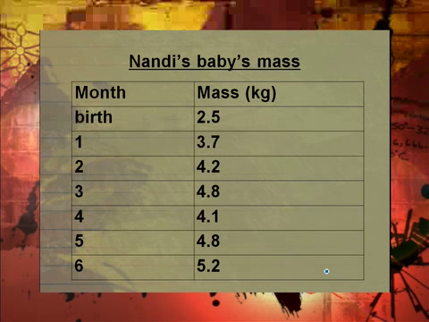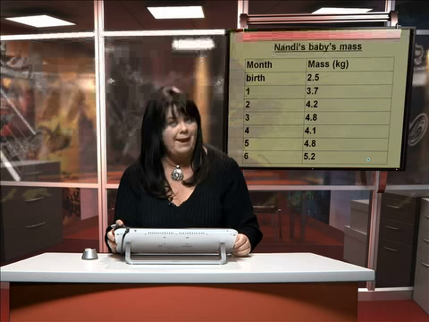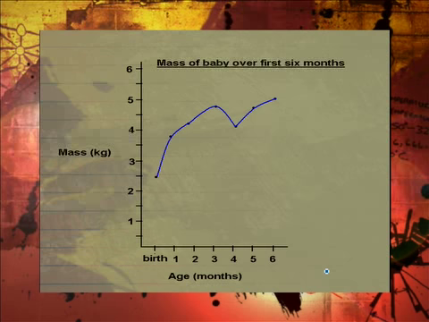Here's an opportunity for you to see another graph, also a line graph. We've got the birth mass, and then for the next few months of a little baby. How do we plot this information, and what is it going to look like? Well, that is what our line graph looks like.